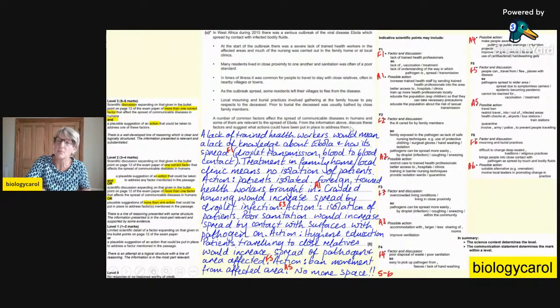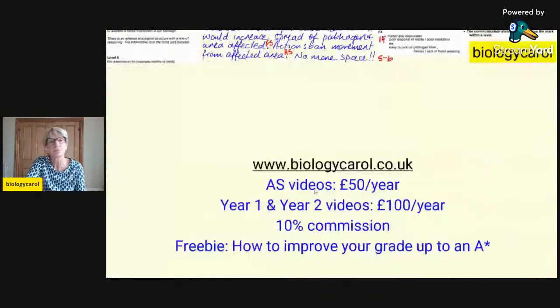This was really about reading the question and understanding what discuss means, and the fact that they wanted actions too. This was more about reading the question and bringing in that knowledge from your A level than it was about the quantity of your answer. I hope that makes sense.